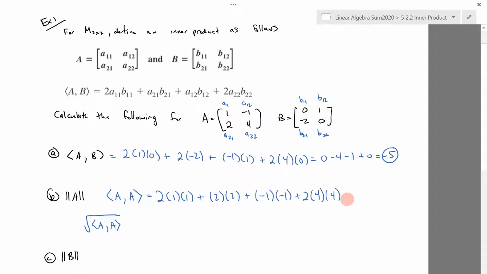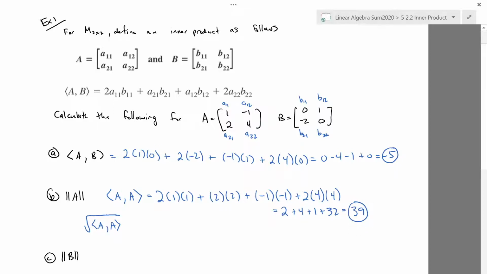Okay, so what do we get? So we get 2 plus 4 plus 1 plus 32, and this calculates to 39.